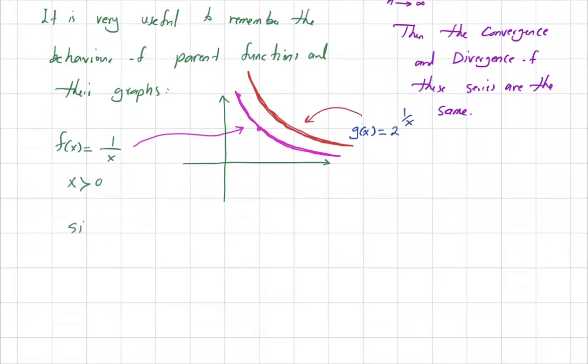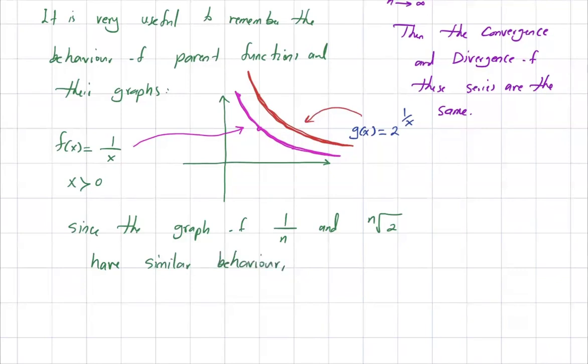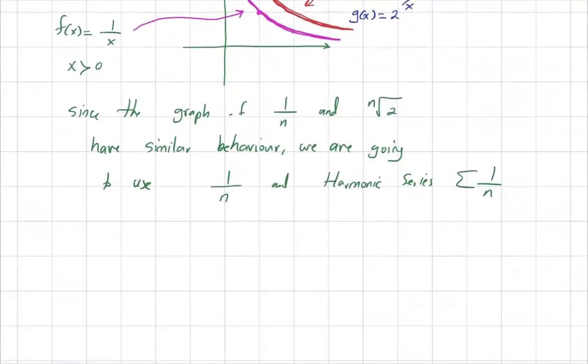Since the graph of 1 over n and the nth root of 2 have similar behavior, not exactly the same, we are going to use 1 over n and the harmonic series, the summation of 1 over n, for comparison.